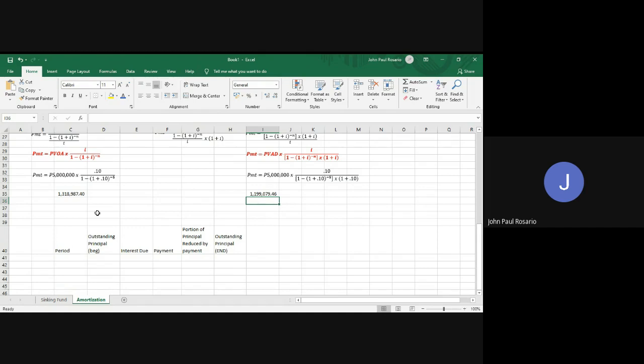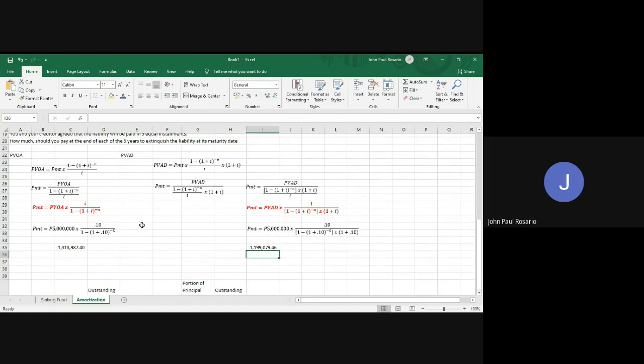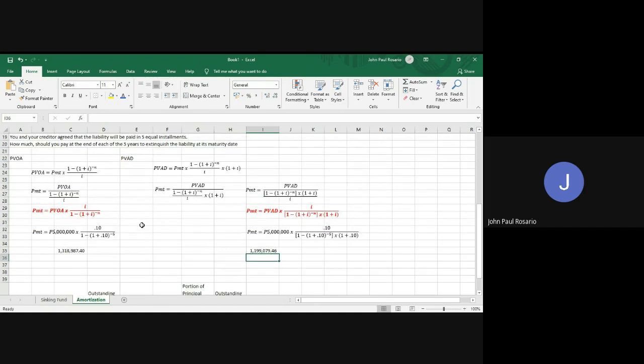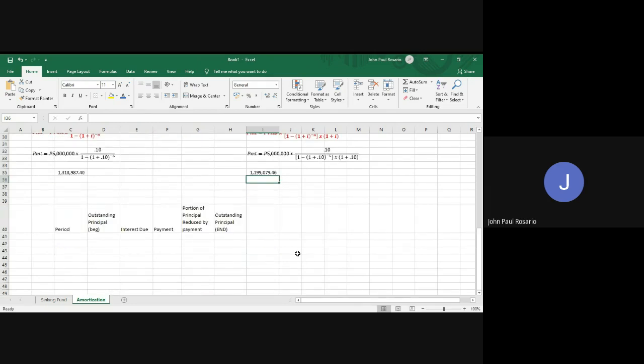Now from the amount that we have gotten through our formula, let us check if the amounts are correct by building an amortization schedule. Let's start with PVOA. The periods are 5 years: 1, 2, 3, 4, and 5.